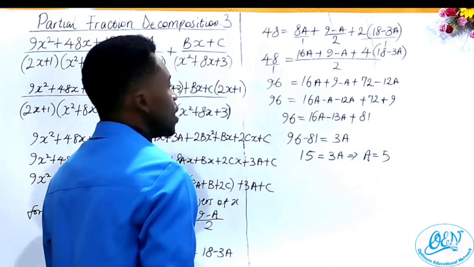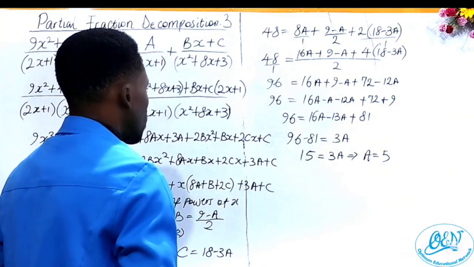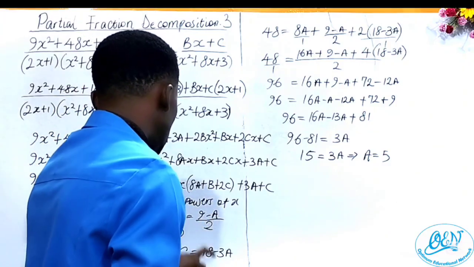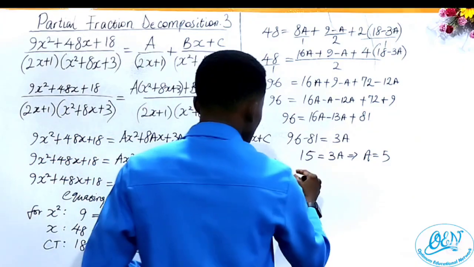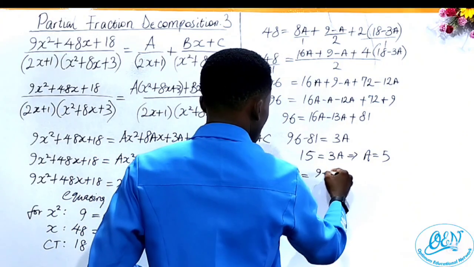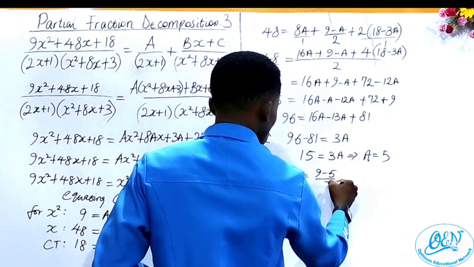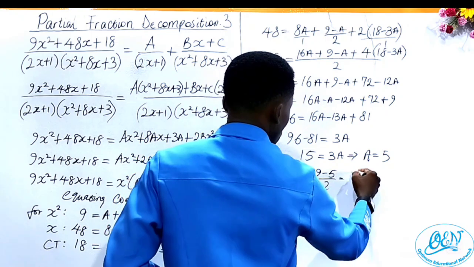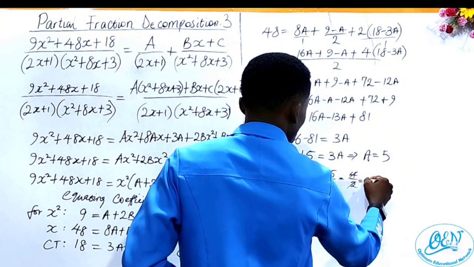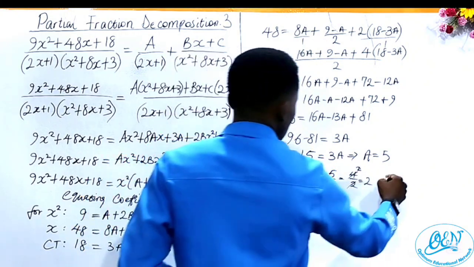Let's divide both sides by 3. So we have obtained a. We can simply impute the value of a into this and into this. So for b, b will be equal to 9 minus 5 over 2, and 9 minus 5 is 4 over 2. So we have 2 as the value of b.